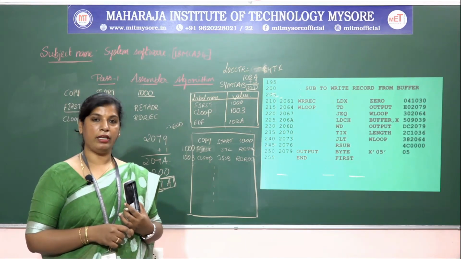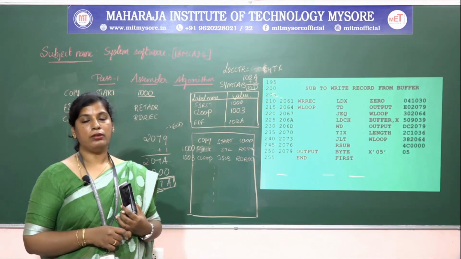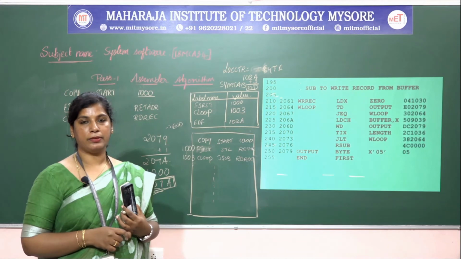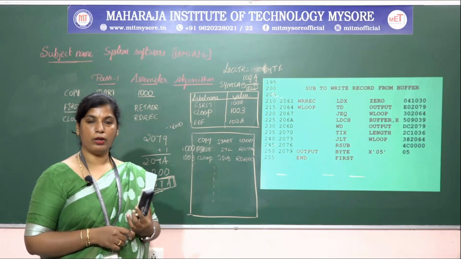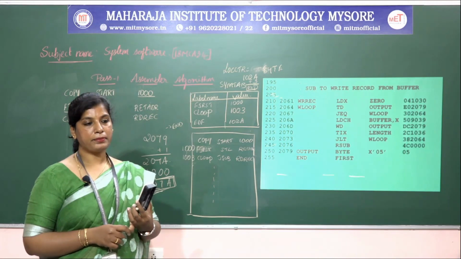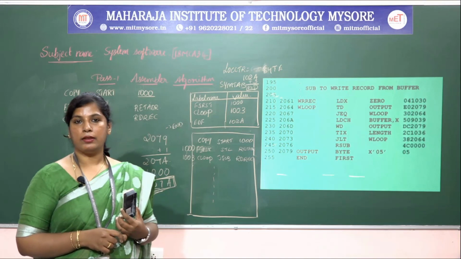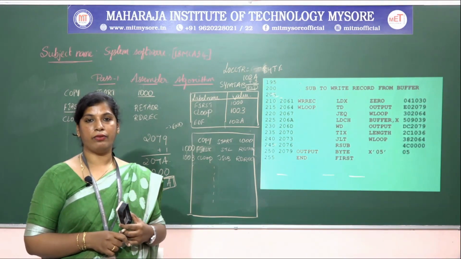After processing each line, it writes the same line to the intermediate file. That intermediate file will be the input to the pass 2 algorithm. Finally, it finds out the length of the object program. This is how the pass 1 assembler algorithm works.